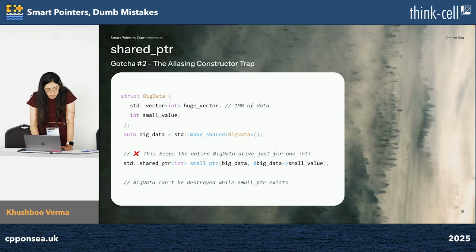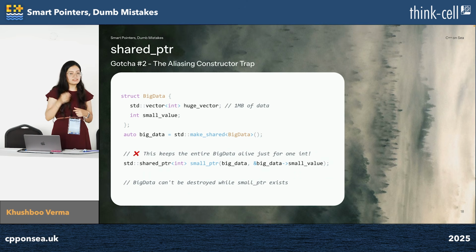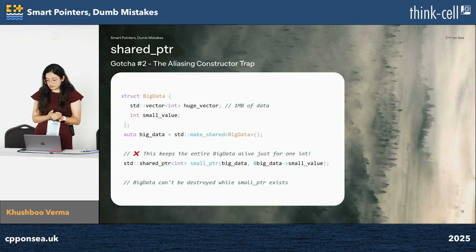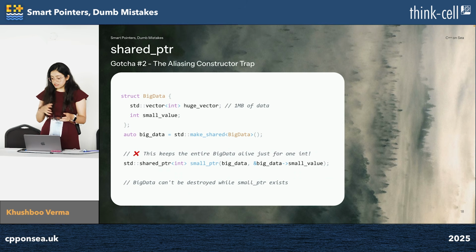Now, if I make a shared pointer to the small value, where I'm referencing this big data, let's say I just wanted to access a small integer in this big data, and I'm using this pointer for that. In this case, the big data won't actually be destroyed because the small reference is still pointing into that big data. So basically, it is creating a shared pointer, and it is useful for pointing to the larger object.